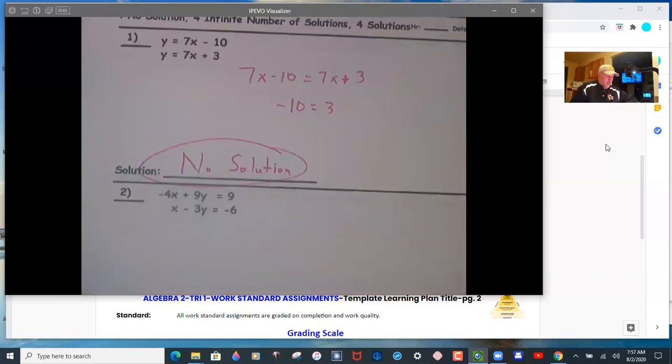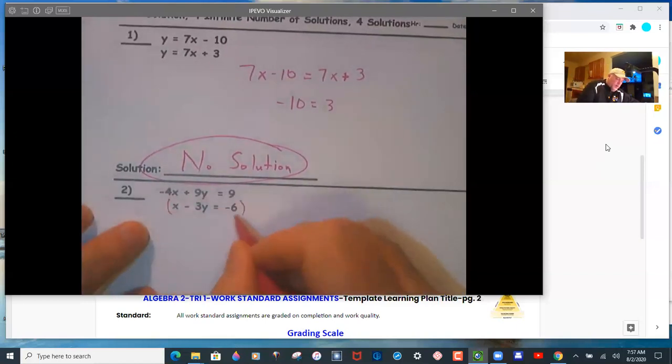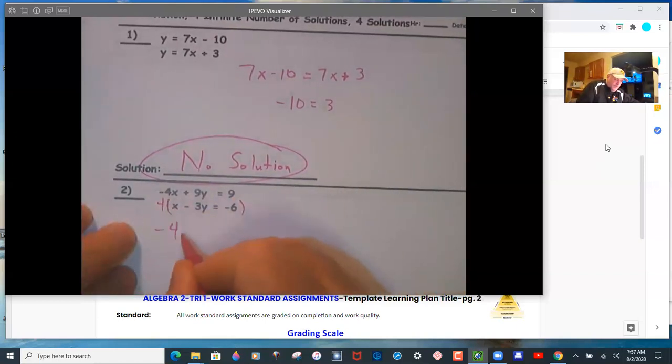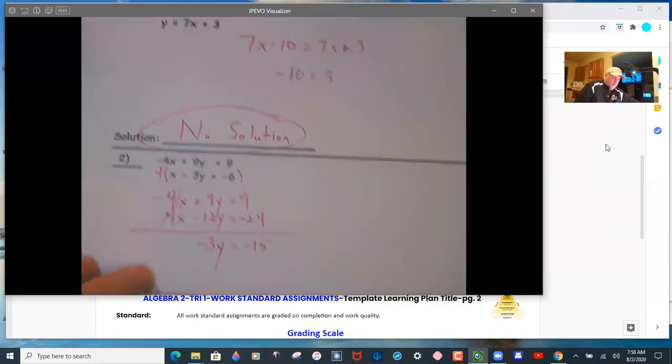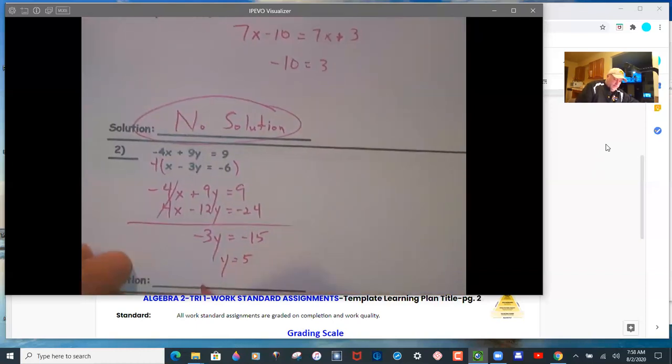Number 2, if we multiply the bottom row by 4, we'll get the x's to drop out. This is pretty easy work in the end. You also have the app. I just don't want you to forget about all of this. So add it, and y is 5.